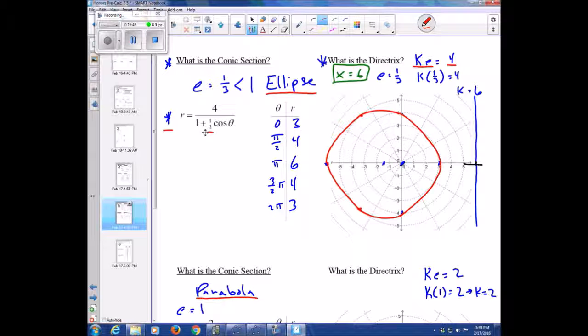So right here we can say k times 1/3 gives us 4, and we divide 4 by 1/3, we actually get a k value of 12, and that tells us right here that for our conic section opening on the negative x-axis, I have the directrix as x equals positive 12.